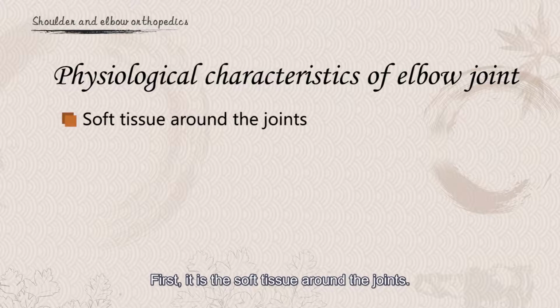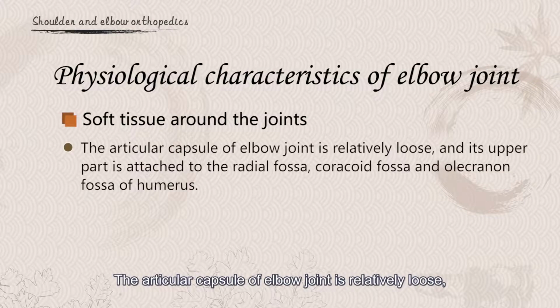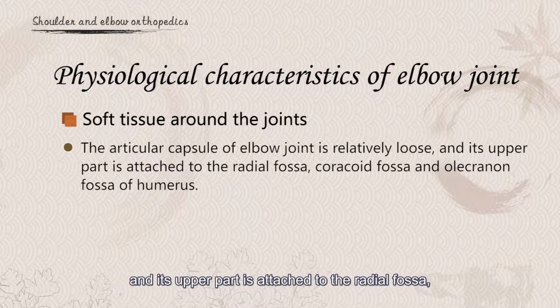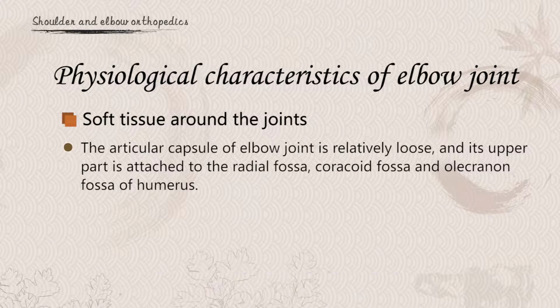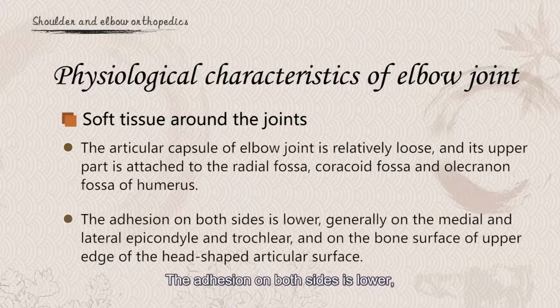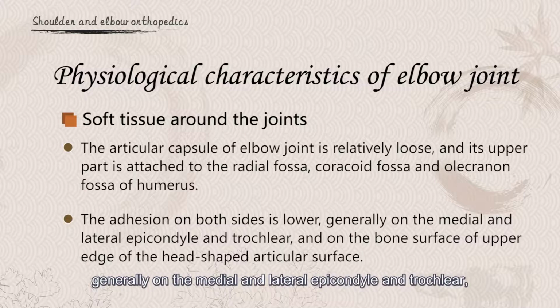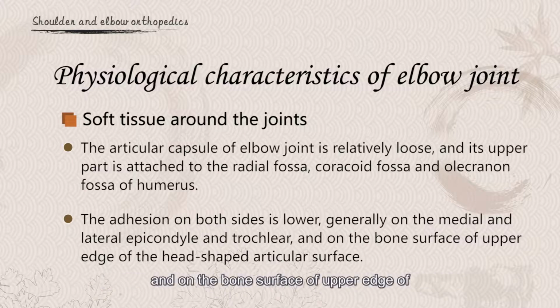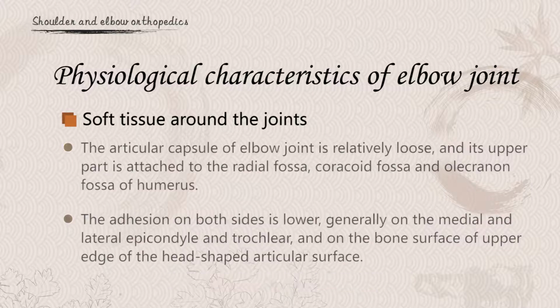First, it is the soft tissue around the joints. The articular capsule of the elbow joint is relatively loose, and its upper part is attached to the radial fossa, coronoid fossa, and olecranon fossa of the humerus. The attachment on both sides is lower, generally on the medial and lateral epicondyle and trochlea, and on the bone surface of the upper edge of the capitulum.